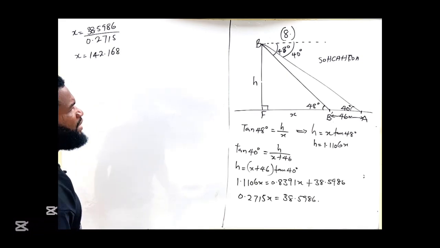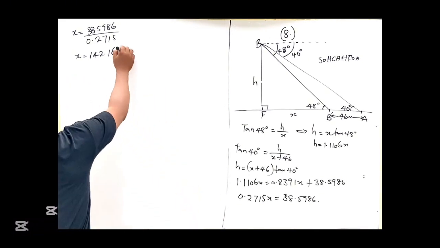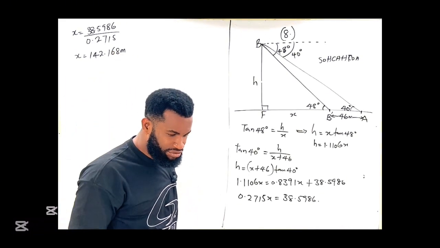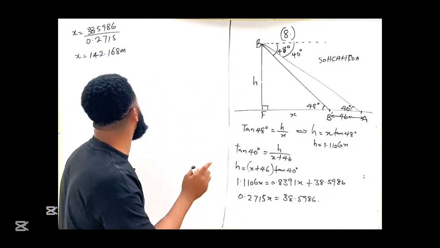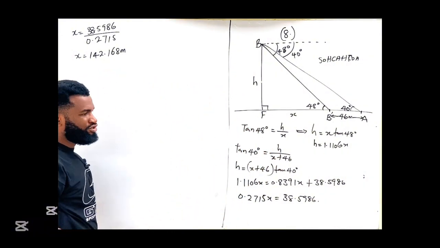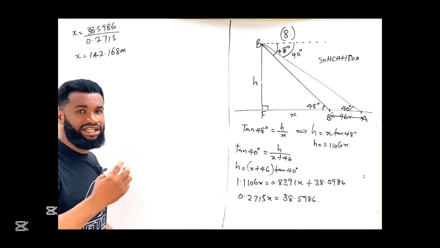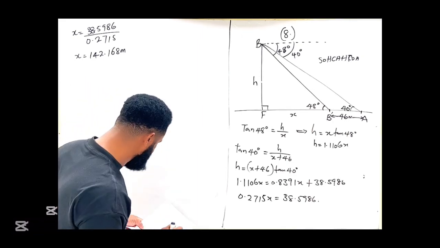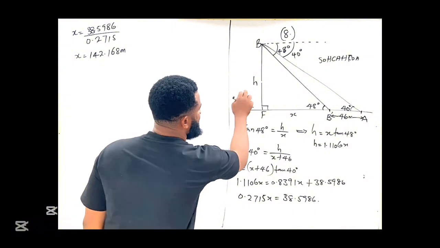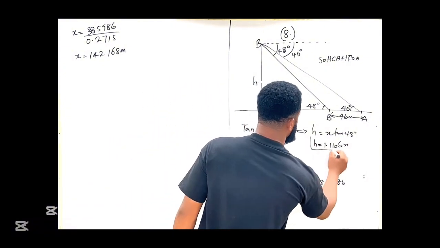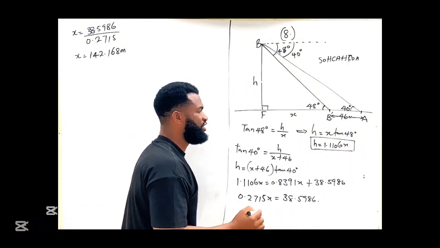Now, I'm sure it should be in meters. Good. So remember, I am still going to solve to one decimal place, but I will do that at the end. So everything I will keep on going with the number of decimal places that is bigger, at least 3 or 4. So at this point, I'm looking for height. I will use this value to do my height. It is easier for me.